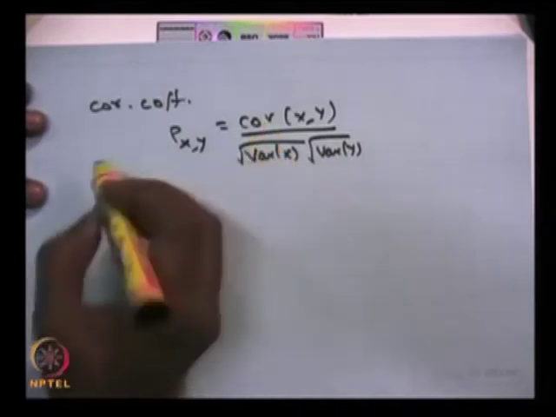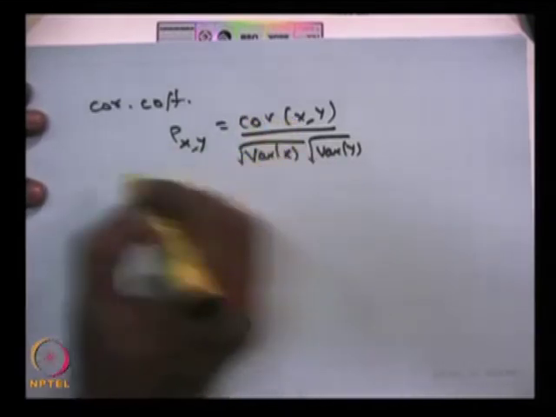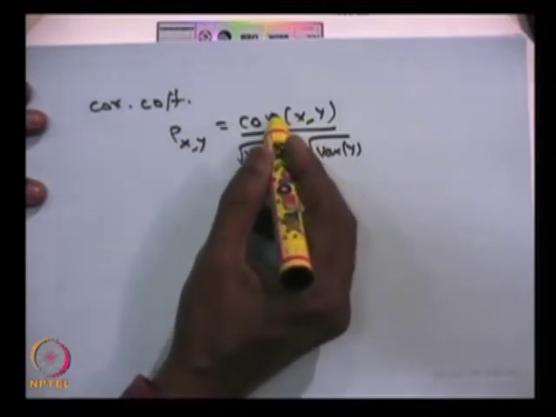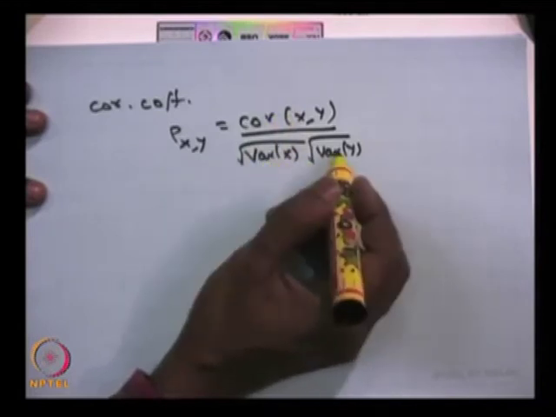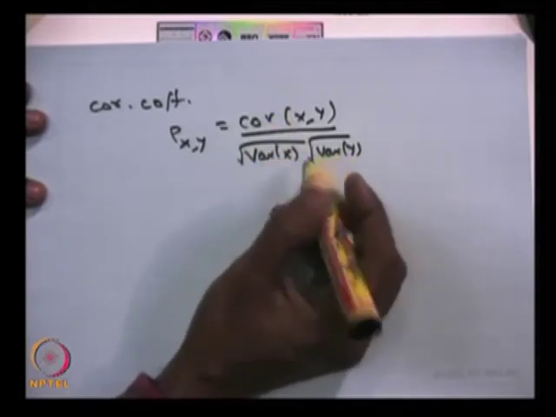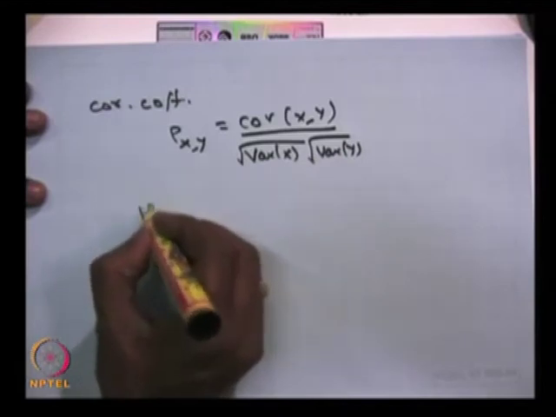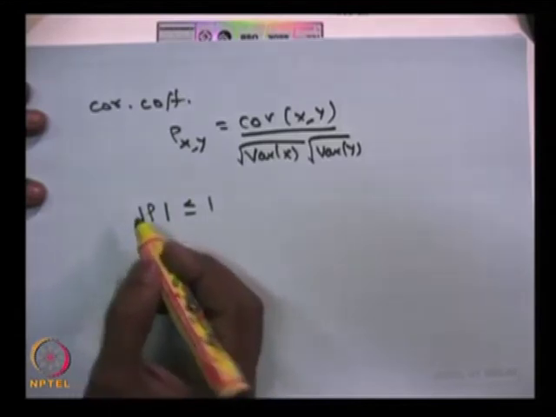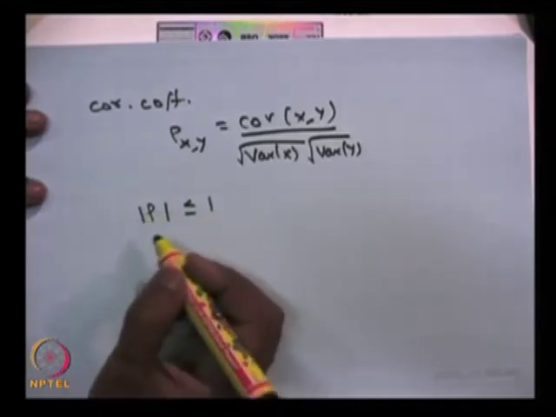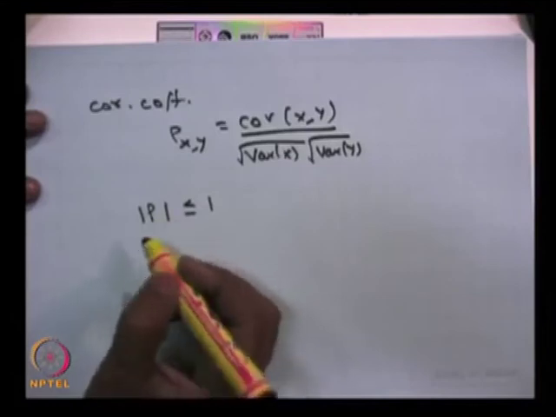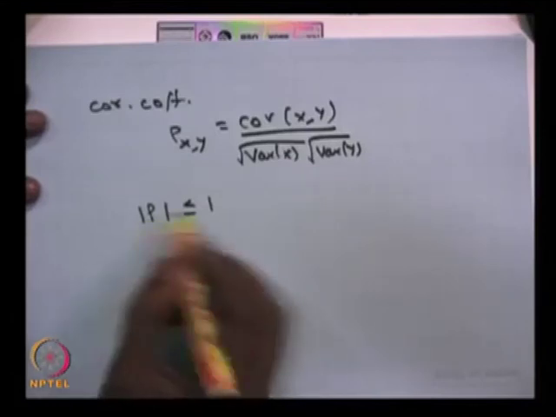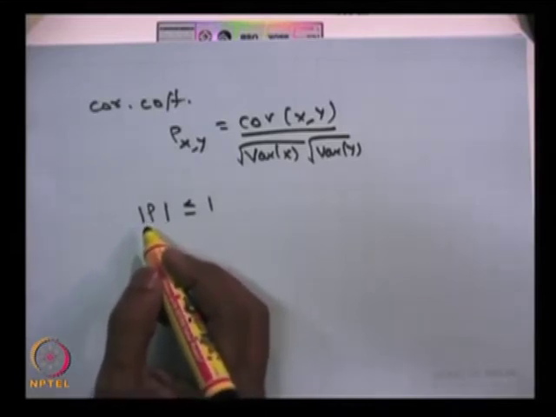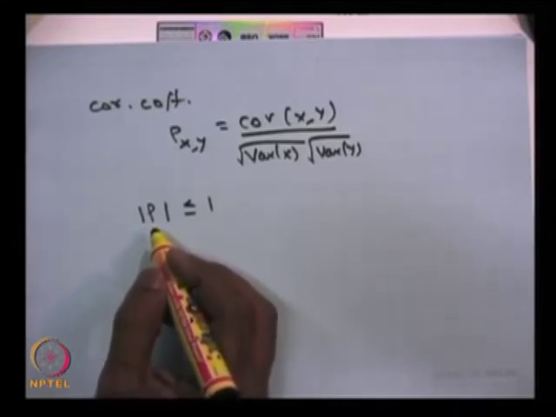Therefore if the random variables are independent, then obviously rho equals 0, because the numerator is going to be 0. And since you are dividing the covariance by the square root of variance of x as well as y, the absolute value of this quantity is always less than or equal to 1, that is, rho lies between minus 1 and 1. When the correlation coefficient lies between 0 and 1, it is positively correlated, and when the value lies between minus 1 and 0, it is negatively correlated.